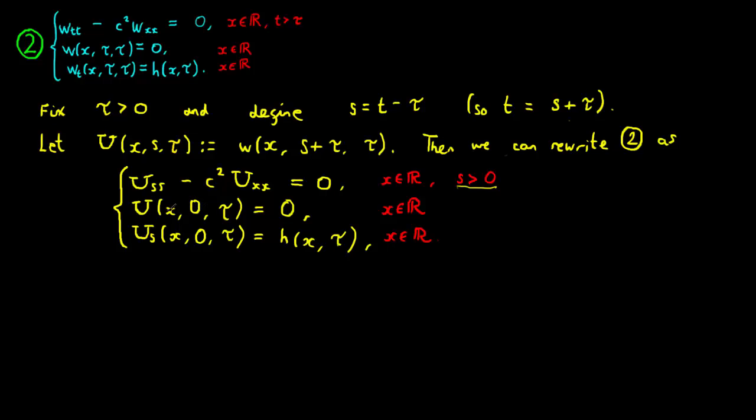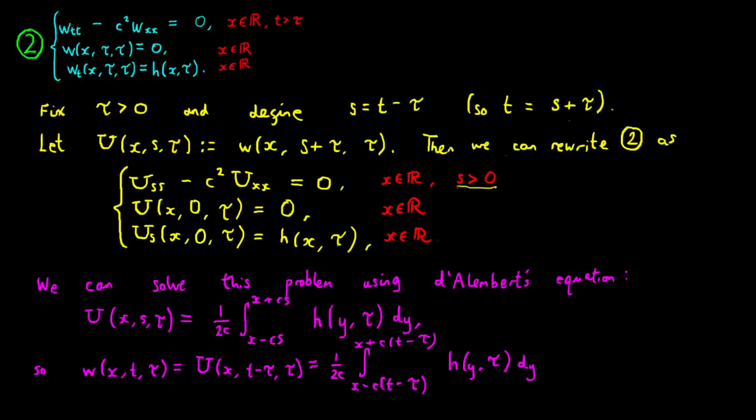So we have that u(x, 0, tau) is equal to 0, and we have that the s derivative of u(x, 0, tau) is equal to h of x and tau. Okay, so this is now in a form that looks a lot more useful for applying D'Alembert's formula.